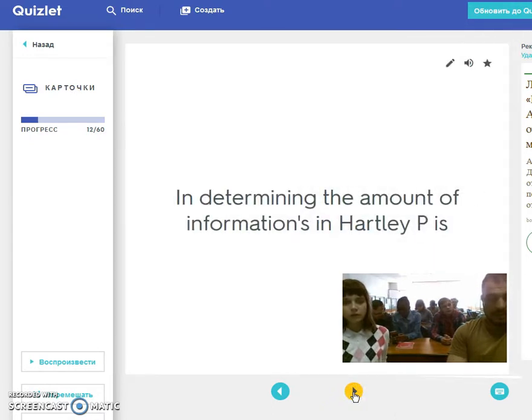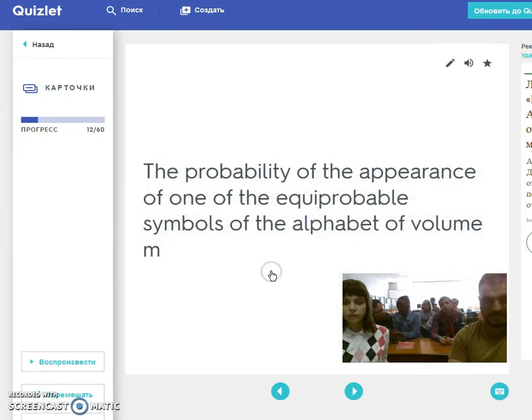In determining the amount of information in Hartley, capital P is the probability of the appearance of one of the equiprobable symbols of the alphabet of volume m.